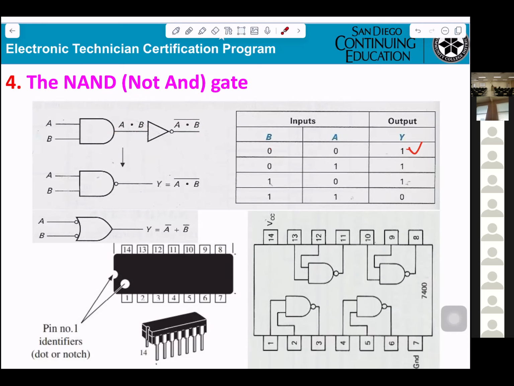So basically, okay, not (A and B) will be not A or not B. Okay, you see not A or not B. This is the truth table. 0, 0, you get output 1. 0, 1, output is 1. 1, 0, output is 1. 1, 1 is 0. Now, I have a question. 1 or 1 or 1 or 1 equals what?